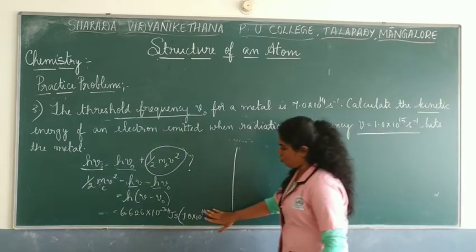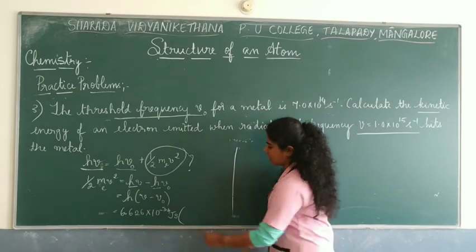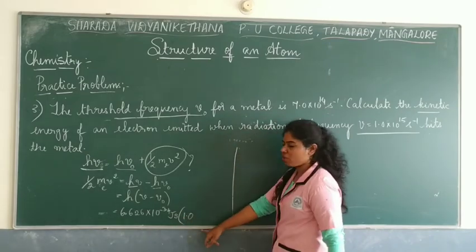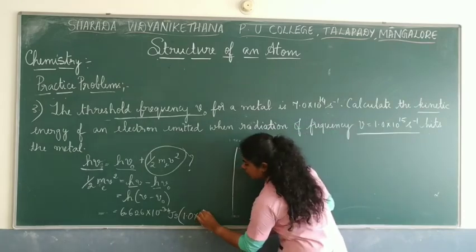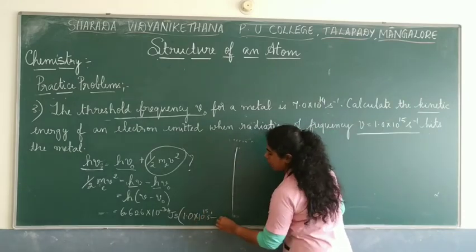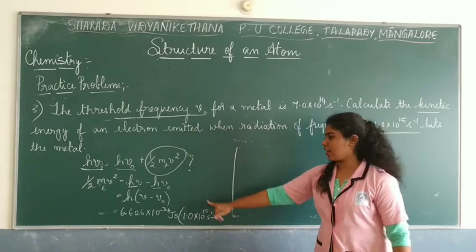Mu naught. Okay. So here frequency has to be given as 1.0 into 10 to the power 15 second inverse, right? And minus the threshold frequency is given next.